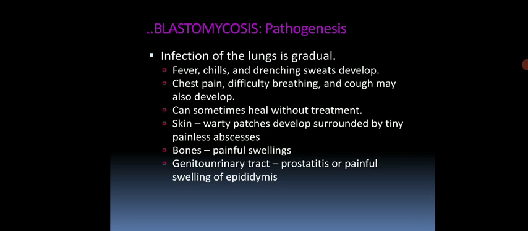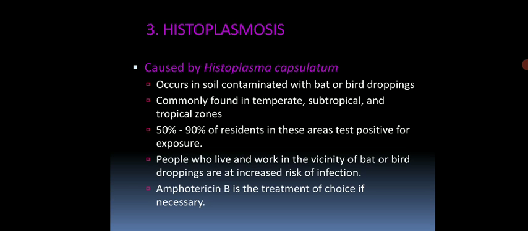In the lungs, symptoms include fever, chills, drenching sweats, chest pain, difficulty in breathing, and cough, and it can sometimes heal without treatment. In the skin, warty patches develop surrounded by tiny painless abscesses. In bones, painful swelling can be found, and in the genitourinary tract, prostatitis or painful swelling of the epididymis can be seen.